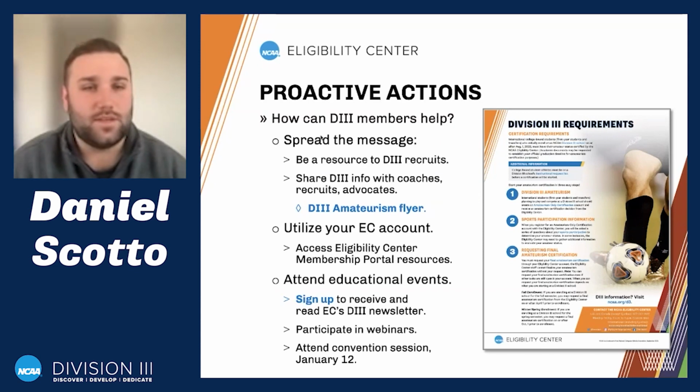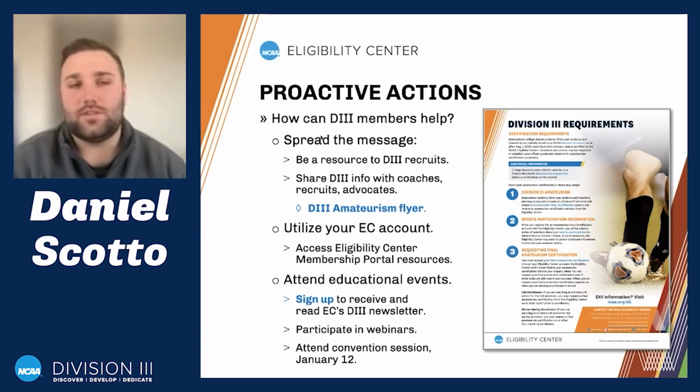That's an important piece. Accessing that membership portal and using those resources, as well as signing up to receive the Eligibility Center's D3 newsletter. That's usually a monthly newsletter that comes out with key information, and then participating in webinars just like this one, and finally attending the convention session that will be taking place on January 12th.